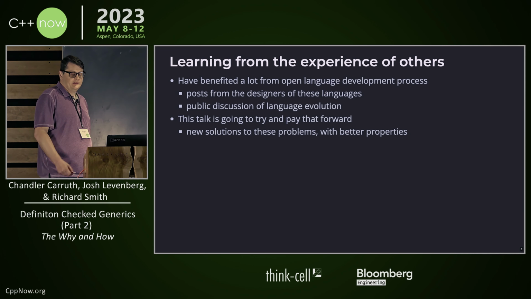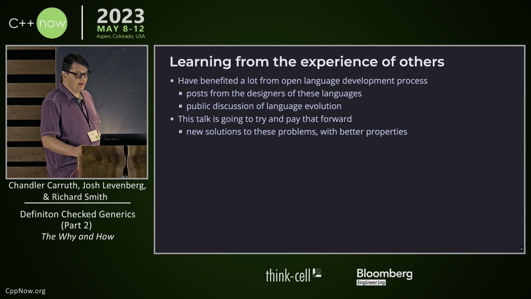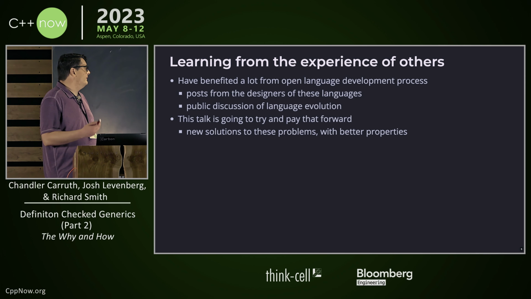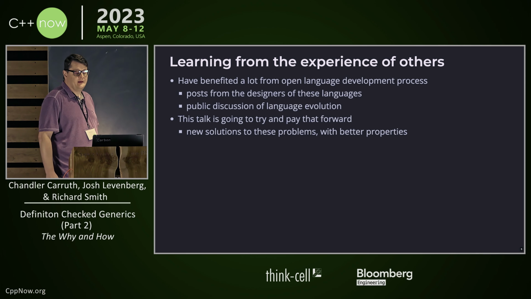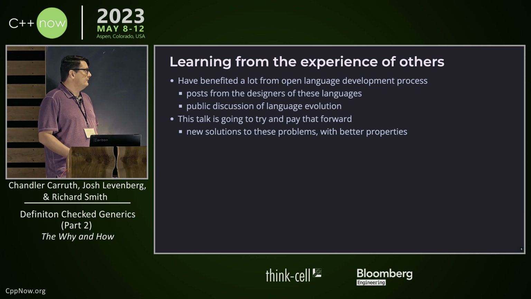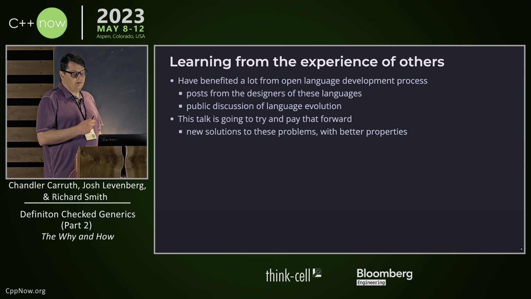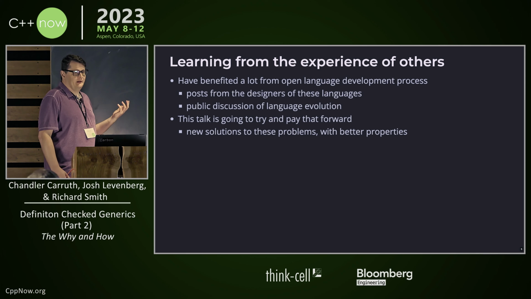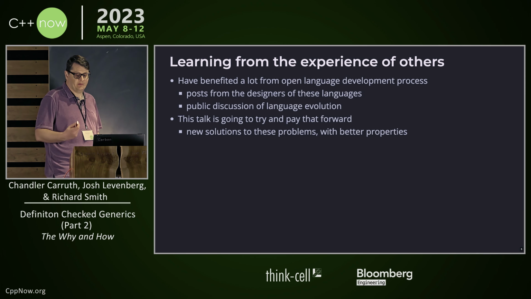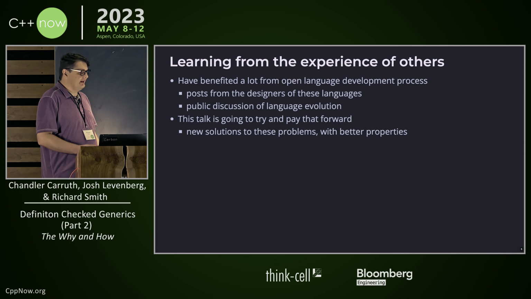Now, Carbon's generics system and its generics design has benefited a lot from the open design discussions of other languages. We're super grateful for the languages that have made their design processes open and available for us to look into, through things like talking about things on GitHub, on blog posts, and just having really great detailed design documents explaining what they did and why they did it.